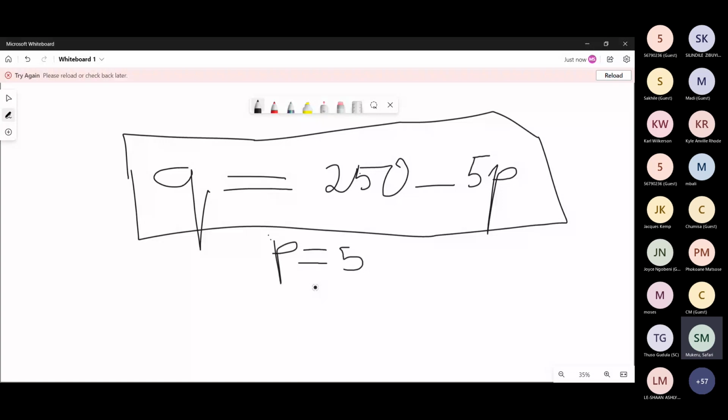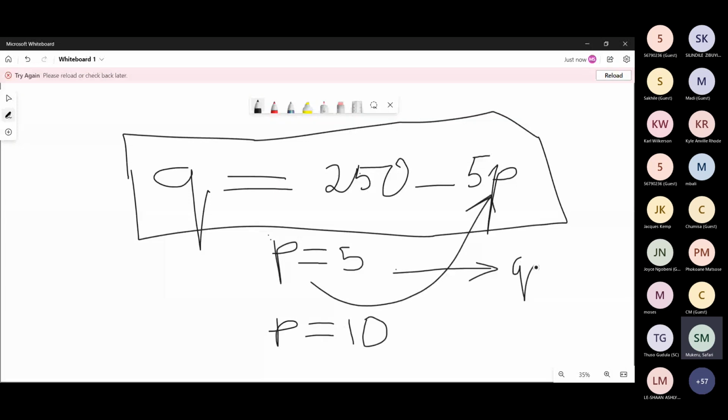So here we replace P by 5, and we have 250 minus 25, which is 225. Now, if the price increases to $10, if we fix the price at 10, what will be the quantity? 200.